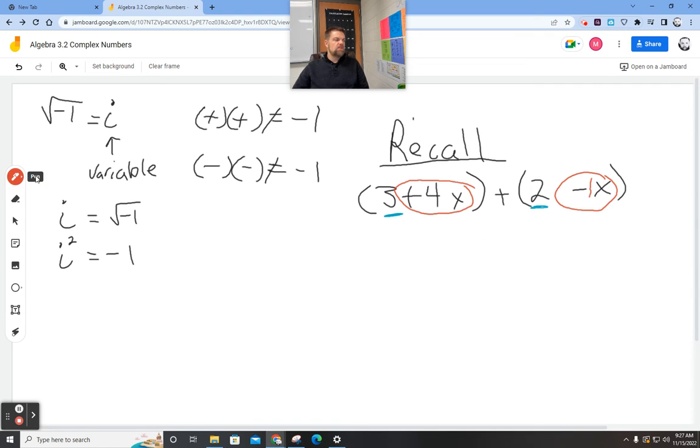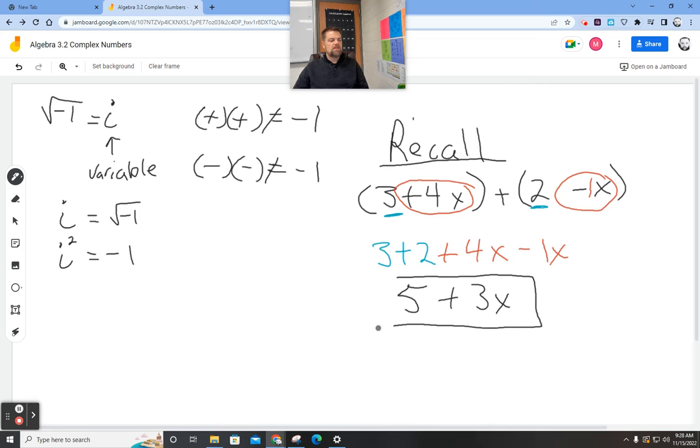So I'm going to add the constants, 3 plus 2, and then I'm going to add 4x minus 1x. 3 plus 2 is 5. And if I have 4 x's in my hand and I take away 1, I'm left with 3 x's. So that is how I do that with those numbers. Okay? Does that make sense?